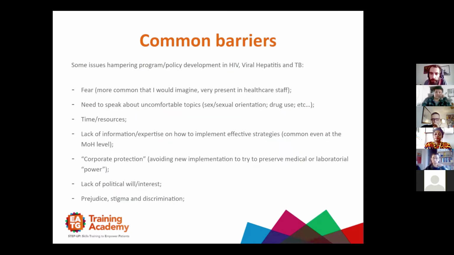To give you a few examples of some common barriers, I think we've touched upon a few of them. And this is focused mostly on our infectious diseases. Fear is a very, very big concern. And fear comes in more ways than I would imagine initially.